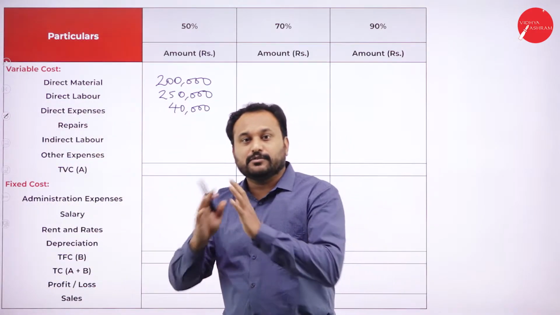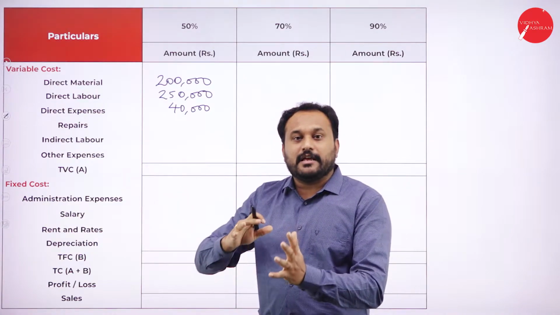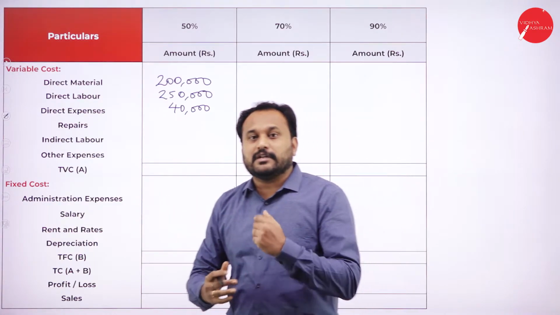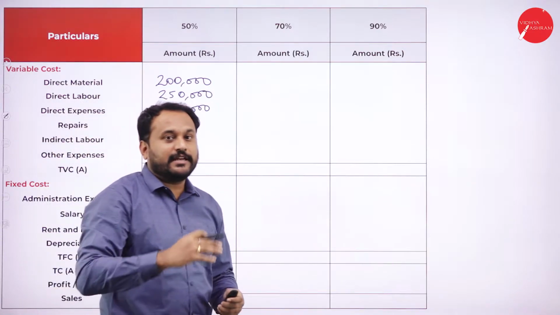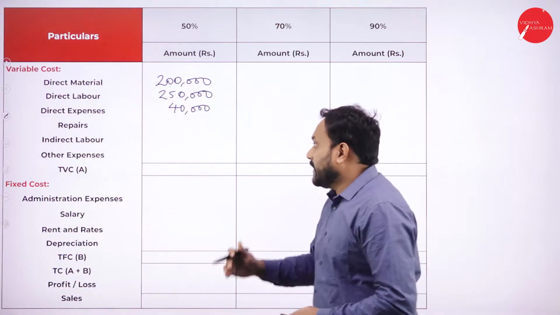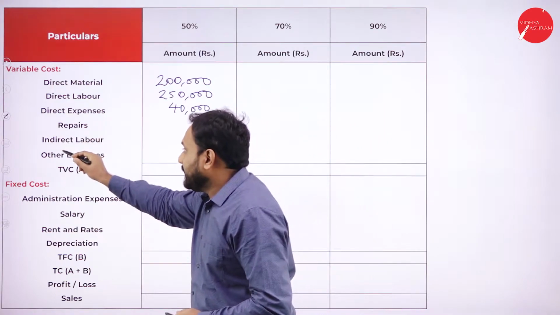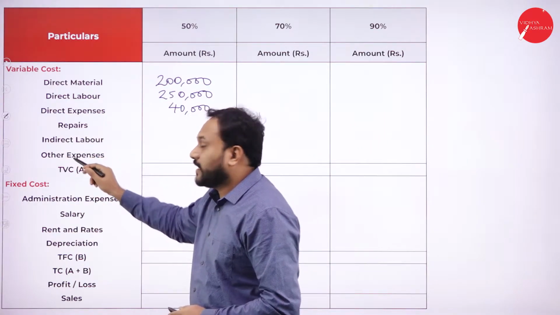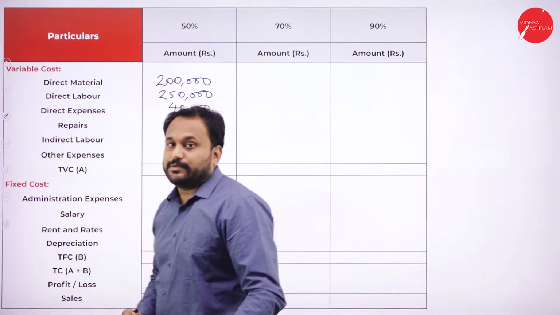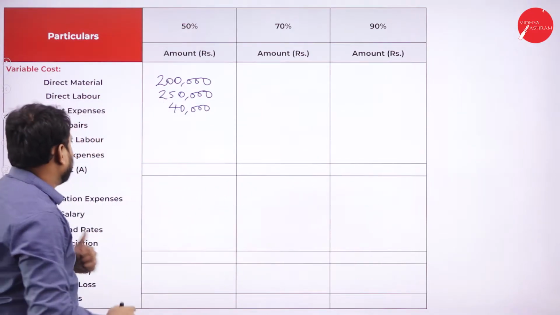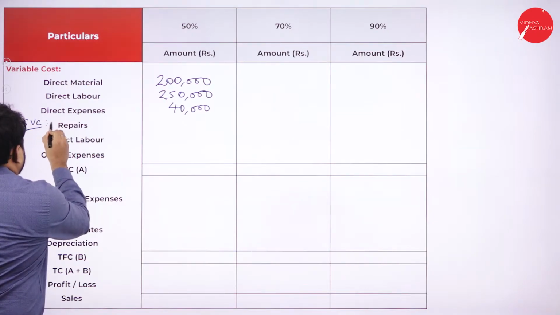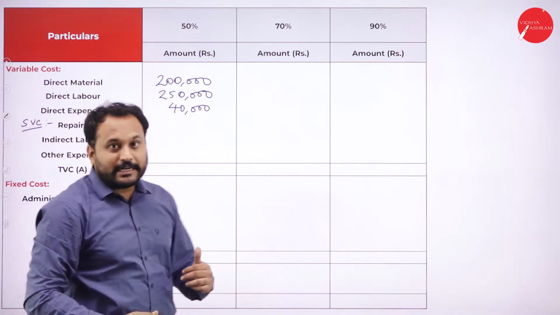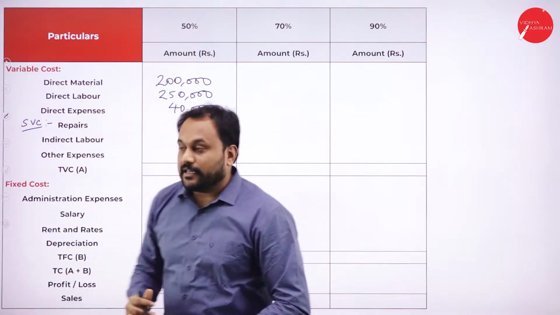I want you people to prepare this, and while I'm explaining, please don't just write down the numbers. I want you to carefully understand the question and then go for it, right? Next, we have repair, indirect labor, and other expenses. These are the semi-variable costs. You can write a heading here, semi-variable costs, and then write repair, indirect labor, and other expenses.